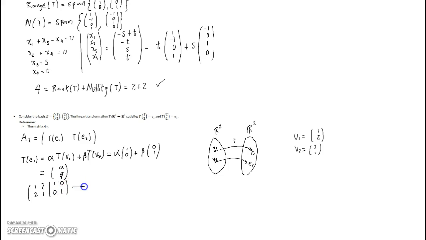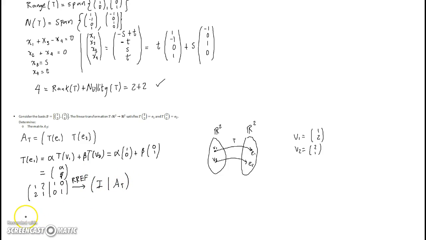Whenever I do this reduced row echelon form, if I call this matrix A, I'm going to have my identity here, and then I'm going to have my matrix AT, which is just going to be the inverse of this matrix. Because whenever you calculate the reduced row echelon form of a matrix augmented by the identity, if it's invertible, you're going to obtain the identity and then the inverse.